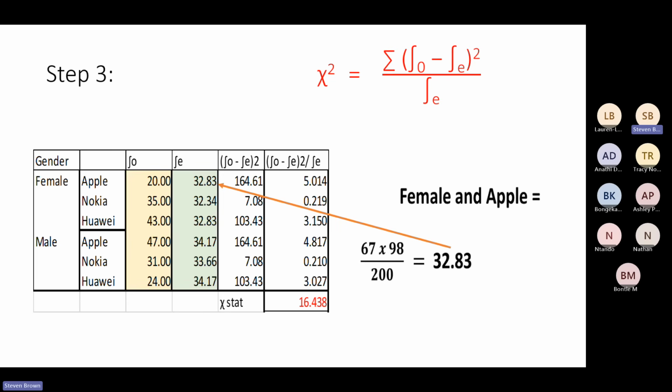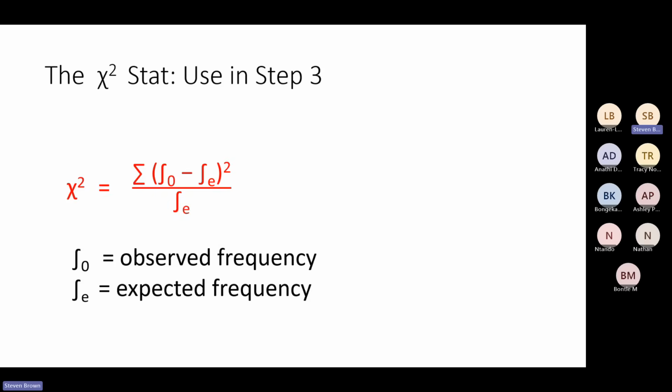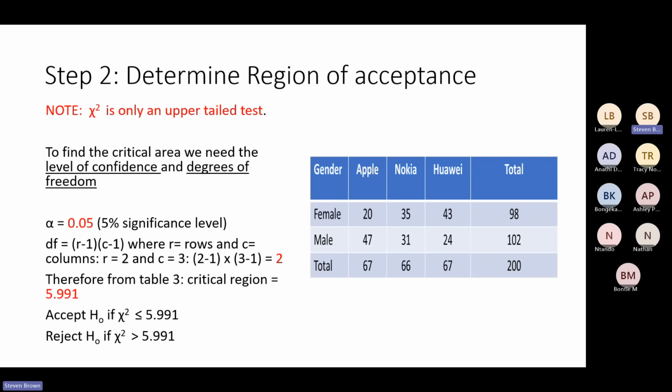I'm going to do one for you, and then I'm going to show you how it works. So how did I get to 32.8? Well, you take the total of female, and I'm going to go back and show you, and the total of Apple, and you multiply them together. So let's go back to the table. There's the total of female, 98. There's the total of Apple, 67.